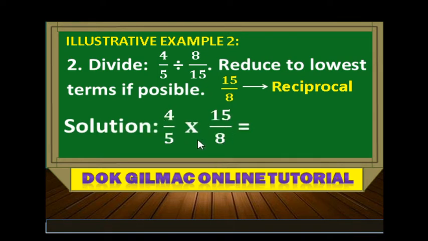As you can see, 4 and 8 have a common factor of 4. 5 and 15 have a common factor of 5. Therefore, we can cancel out their common factors.